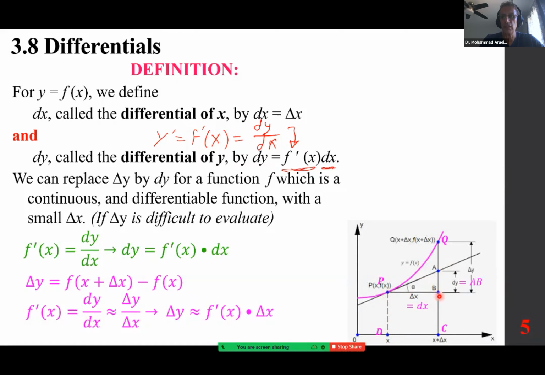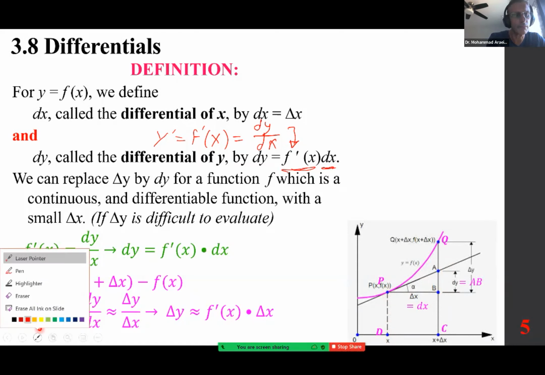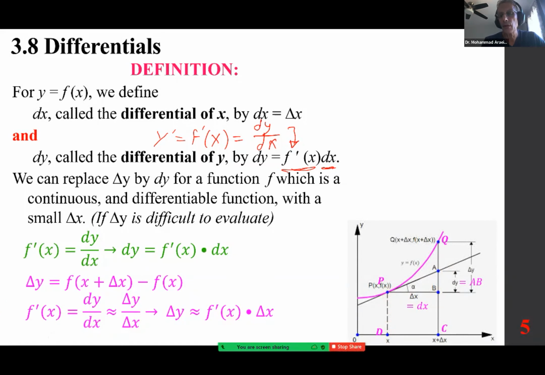Needless to say, PD is equal to BC, so BC is equal to PD, it's equal to f of x. So delta y is this distance of BQ, which is precise.